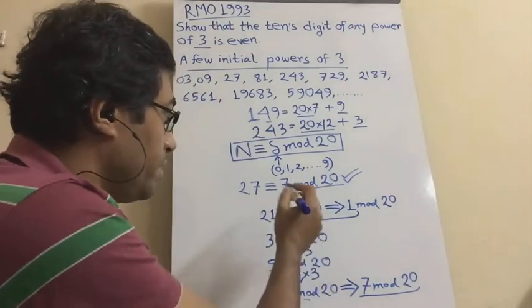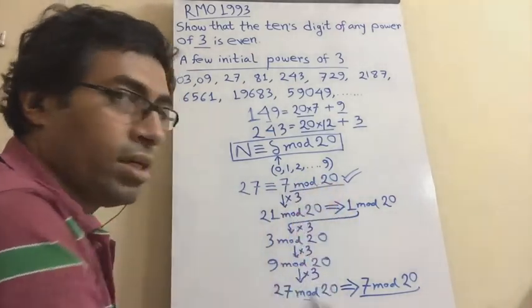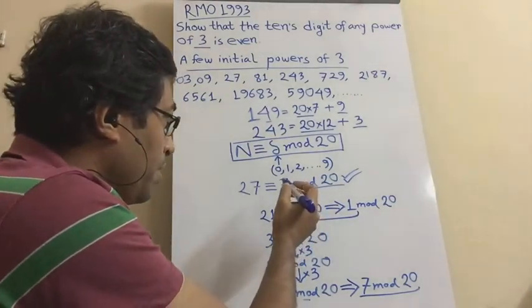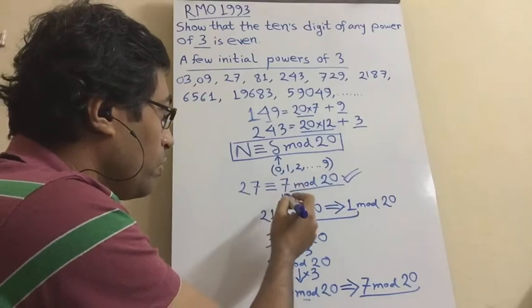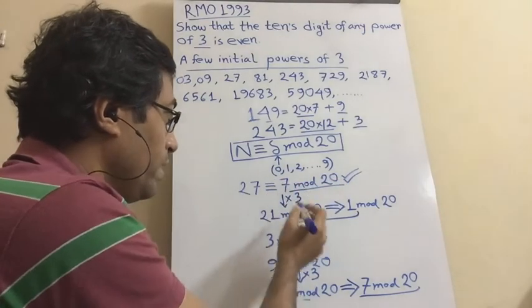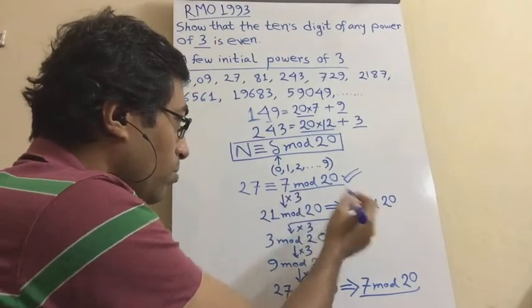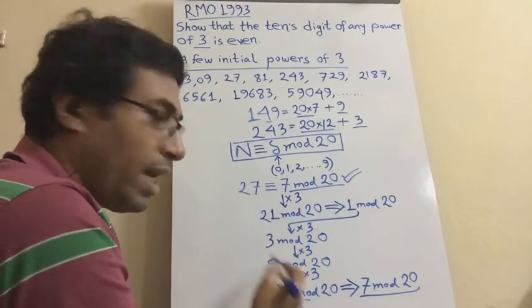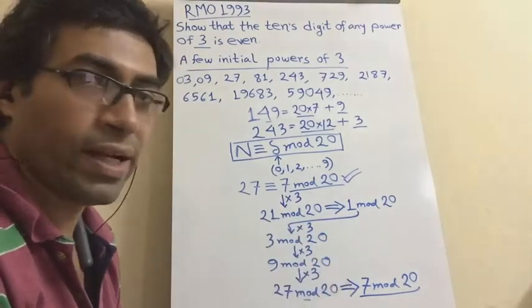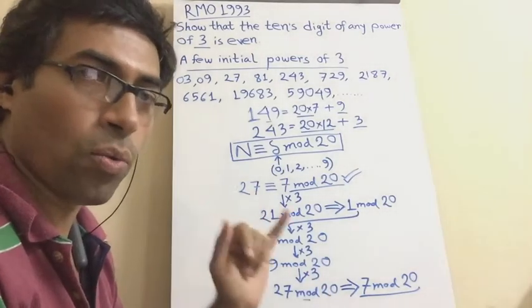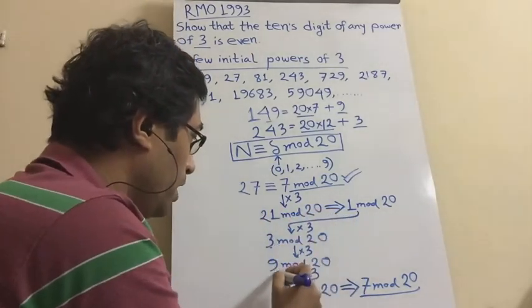And since each of these numbers is of the format congruent to some single digit mod 20, be it 7 mod 20 or 1 mod 20 or 3 mod 20 or 9 mod 20, that single digit is either 7, 1, 3 or 9.